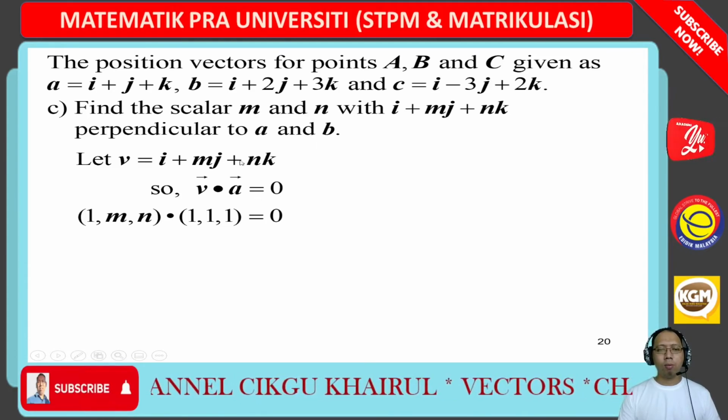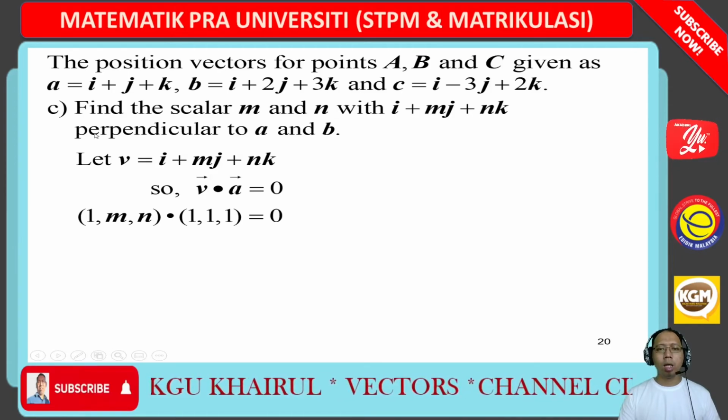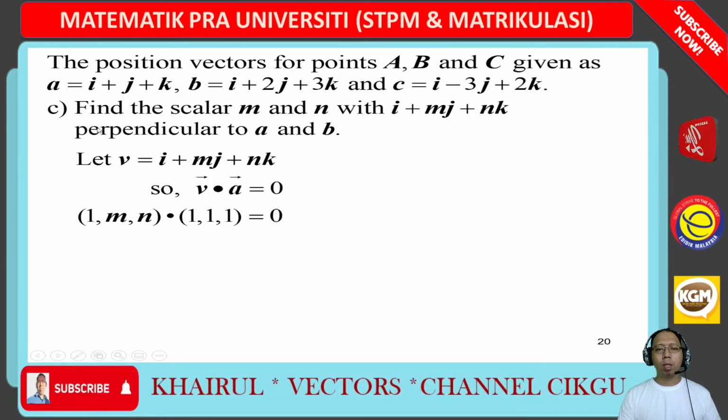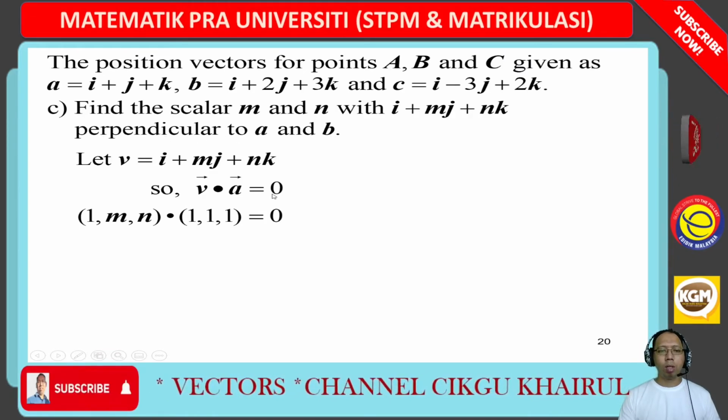We start with V dot A equal to 0. Why equal to 0? Because the question said this vector is perpendicular to A and B.